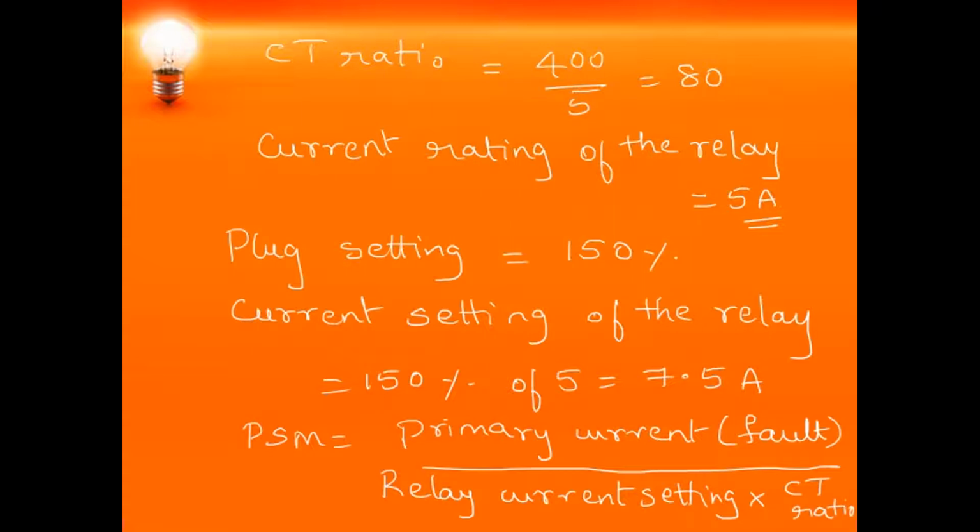This is how to find the PSM. So we substitute the values. Fault current is 6000 divided by relay current setting 7.5 into CT ratio 80. If you calculate, you get a PSM equal to 10.